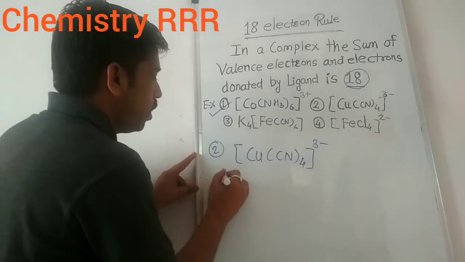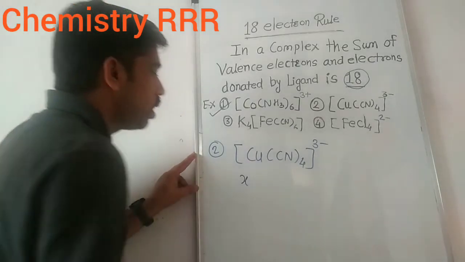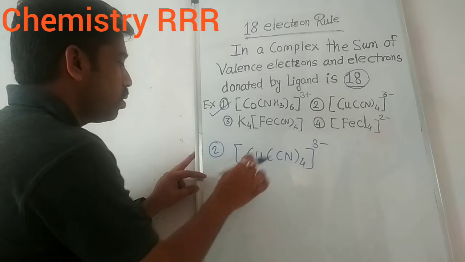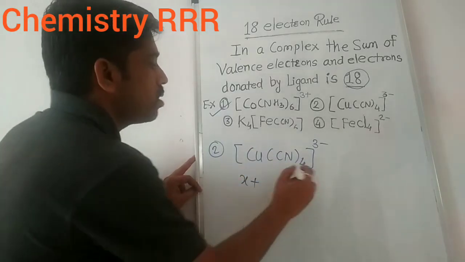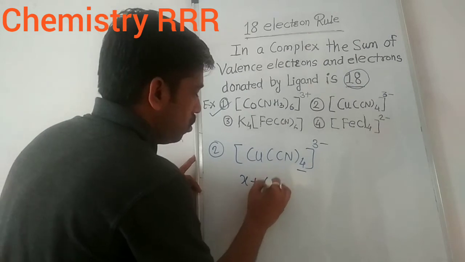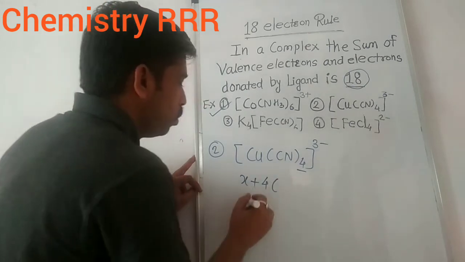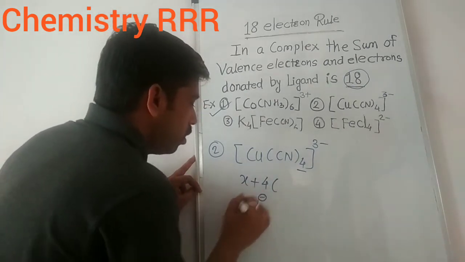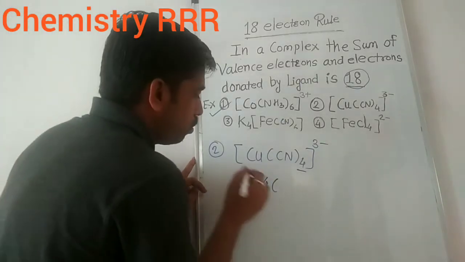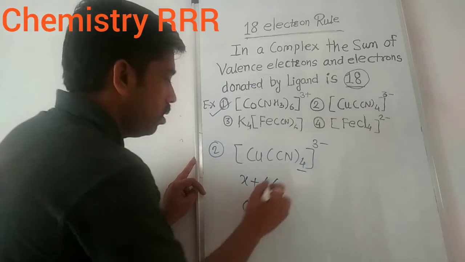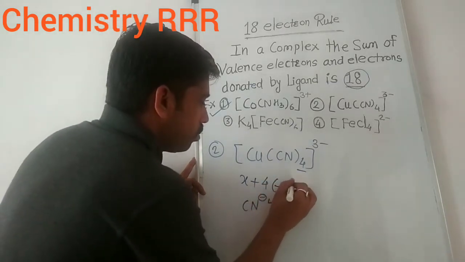First determine the oxidation state of the central metal. Let's consider copper is equal to X, plus the number of ligands, 4, into cyanide, which is a 2 electron donor ligand. The charge on the cyanide is -1.